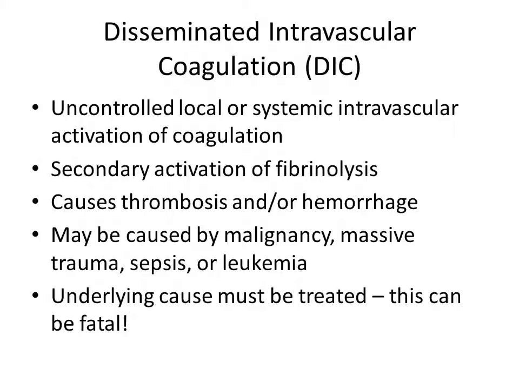Well, the causes can be malignancy, massive trauma, sepsis, or leukemia. But what happens is that one of these causes can lead to damage of the blood vessels, but the damage can be so severe that the body is reacting instantly. And so you are activating your coagulation cascade, and as you're doing this, all the material needed to form a clot is getting used up really fast.